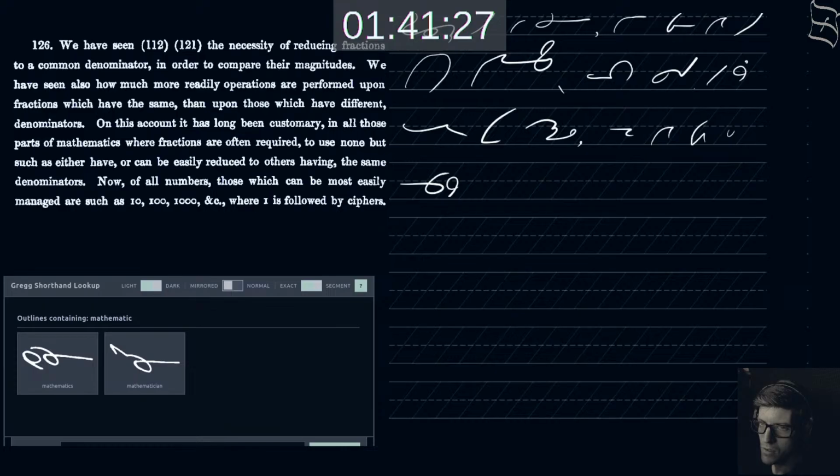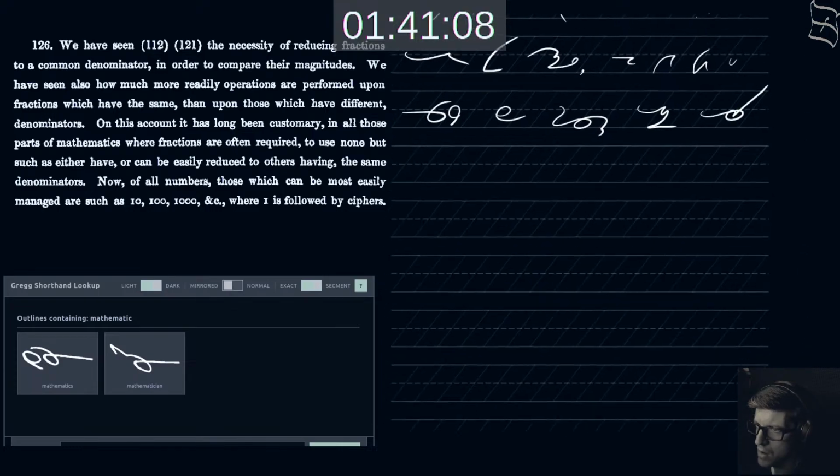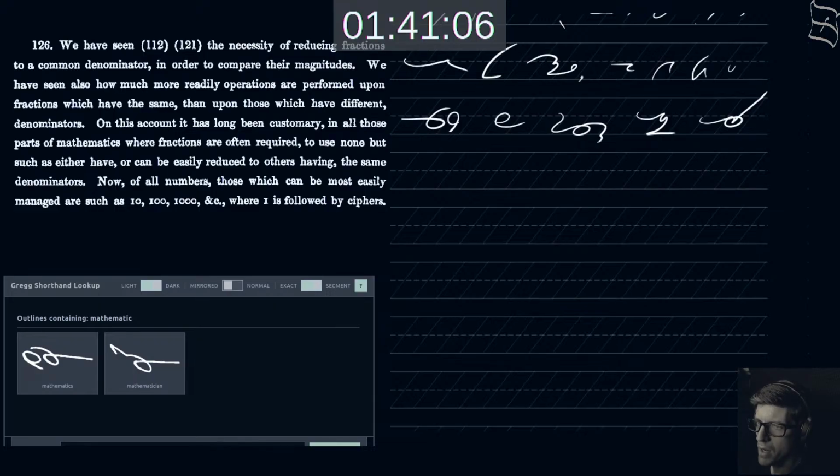In all those parts of mathematics where fractions are often required, to use none but such.